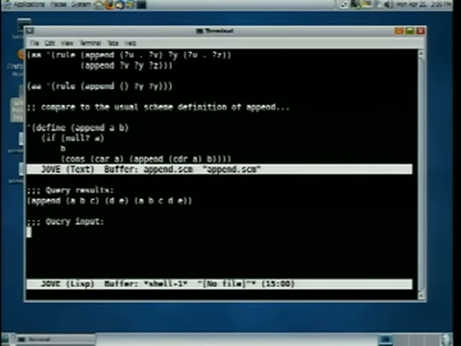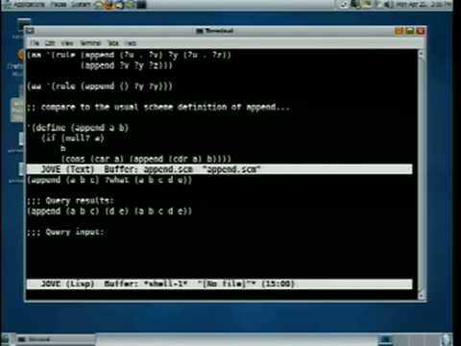There we go. So that's not a big surprise. But I can say append A, B, C to what gives A, B, C, D, E. That works.